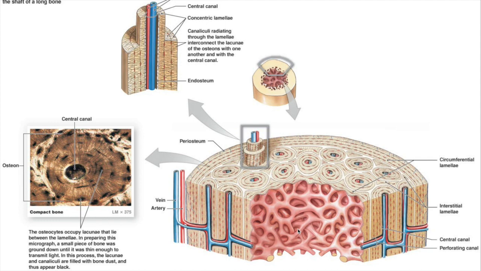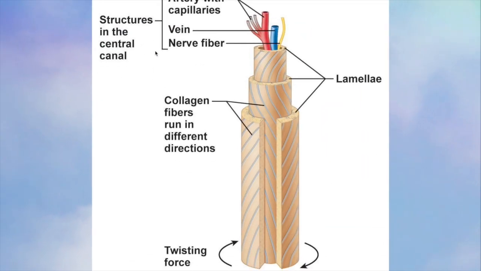And the parallel osteons give the bone great strength. Each osteon contains a central canal. Here's its central canal, which contains blood vessels and nerves. And some of that strength comes because these collagen fibers run in different directions, in different lamella or layers. And that allows the bone to withstand twisting forces.